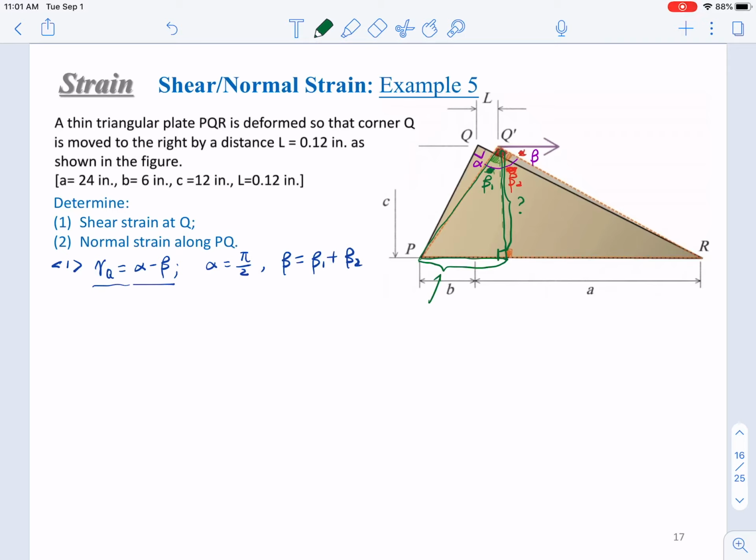Obviously, here is B plus L, and here it will be C. So from this smaller triangle, we know that tangent beta 1 equals B plus L over C. So B is 6, L is 0.12, over C, which is 12.